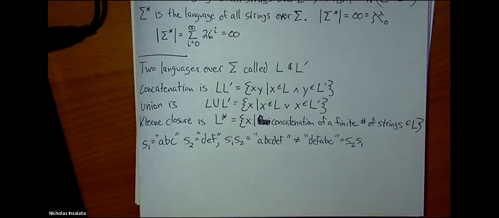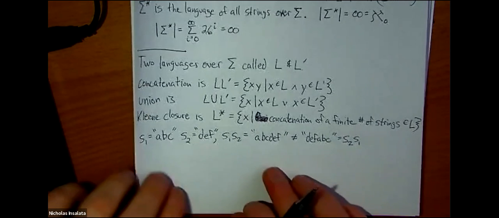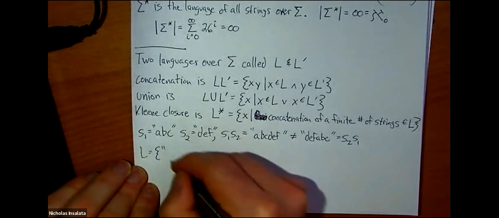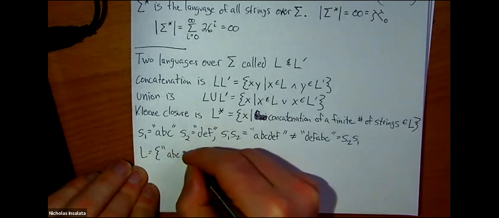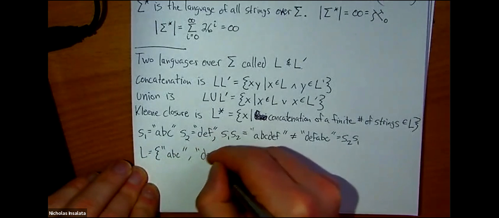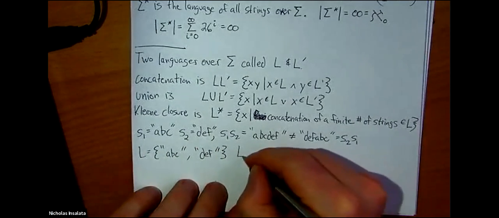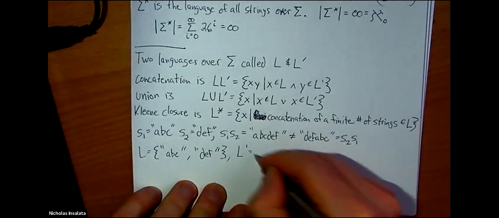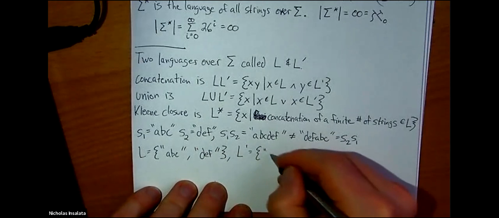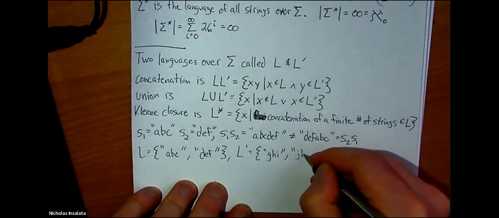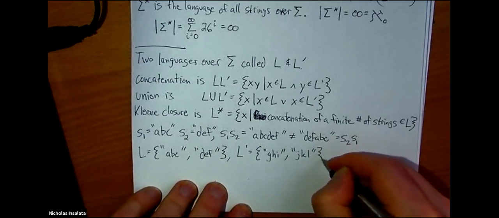Okay, so let's talk about the concatenation of two languages then. In that case, let's make two different languages, right? So we'll say L equals the set {ABC, DEF}, and L prime is the set {GHI, JKL}.